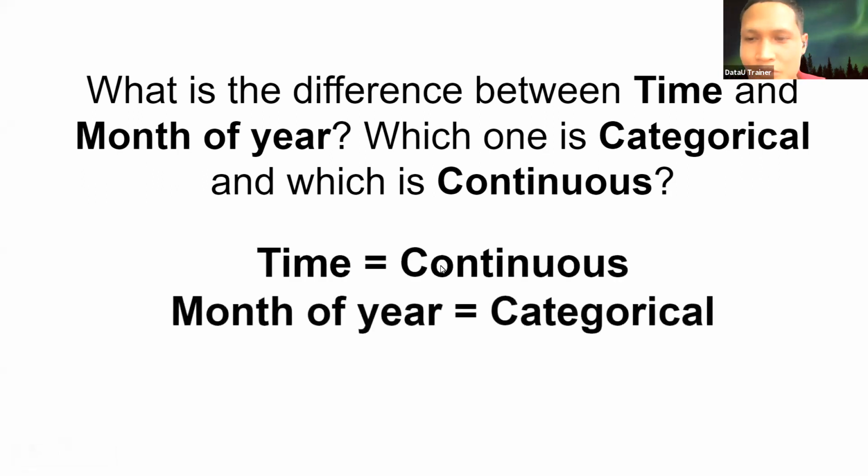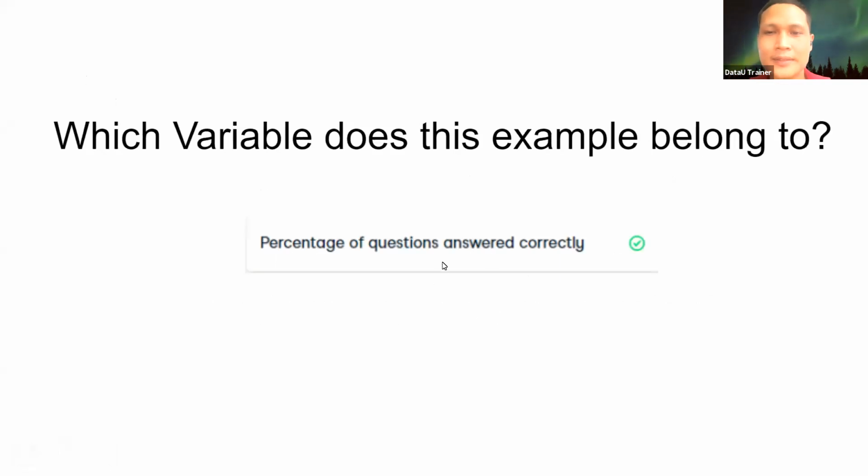Now let's try some of the questions from DataCamp, if you did them. Which variable does this example belong to? Percentage of questions answered correctly. Is it categorical or continuous? Categorical. All right, we have categorical. Anybody else? Continuous.